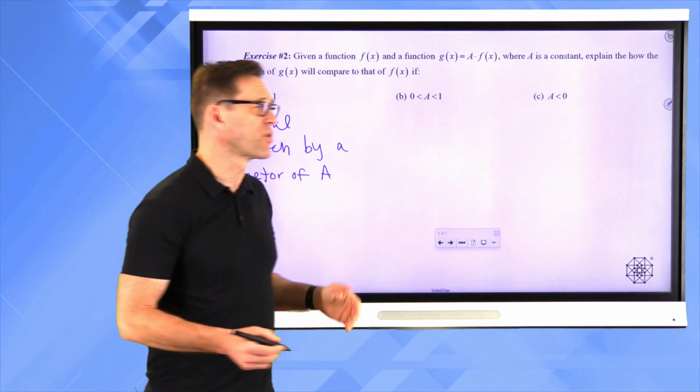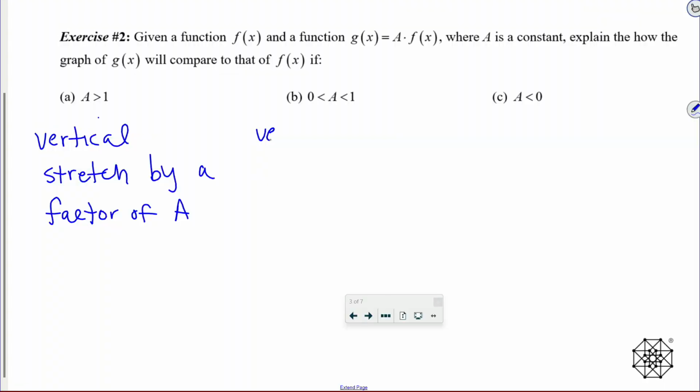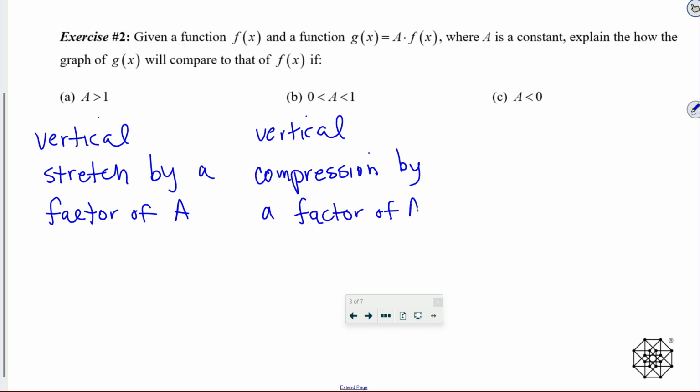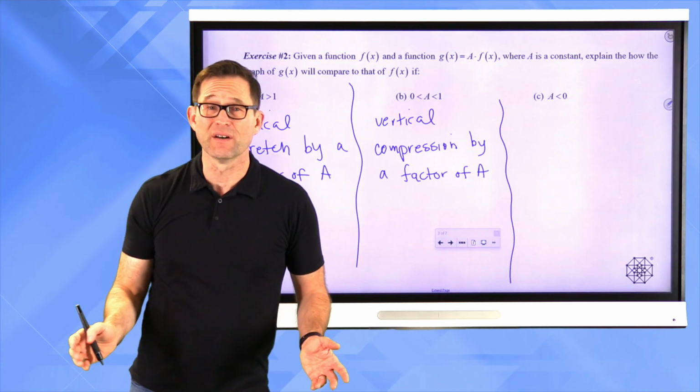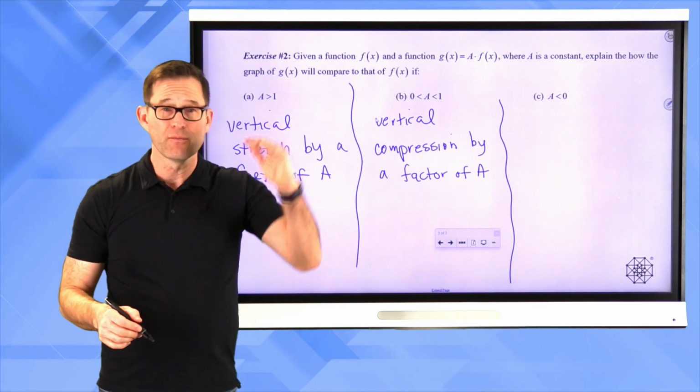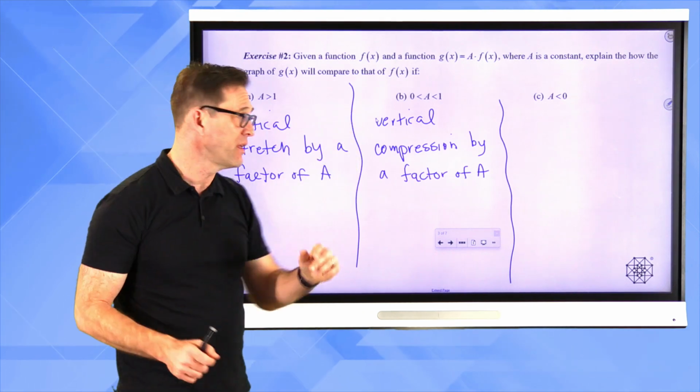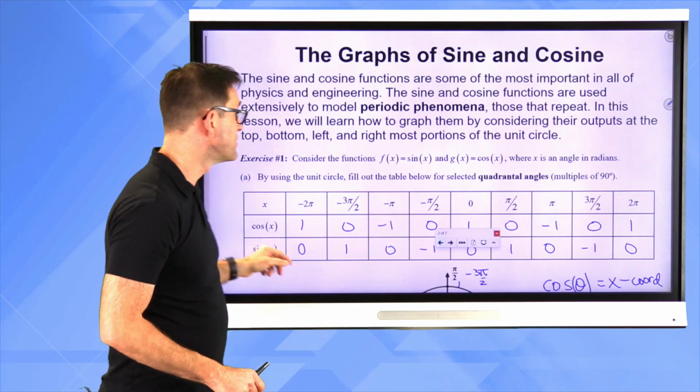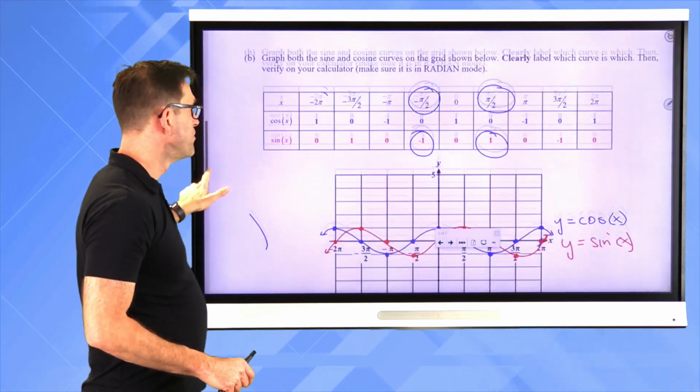Now, if a is between 0 and 1, everything I just said still applies. We just don't get a vertical stretch. We get a vertical compression by a factor of a. Now again though, with sine and cosine, normally they go between -1 and 1, back and forth.